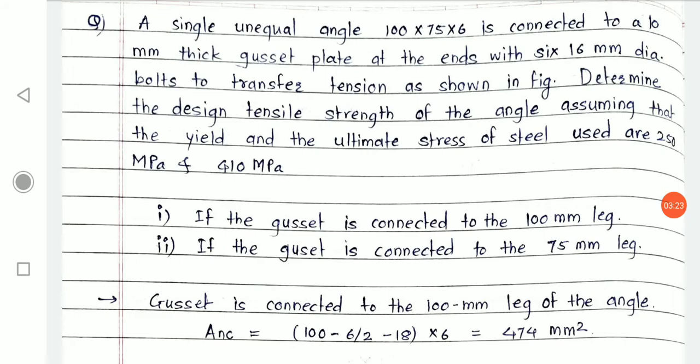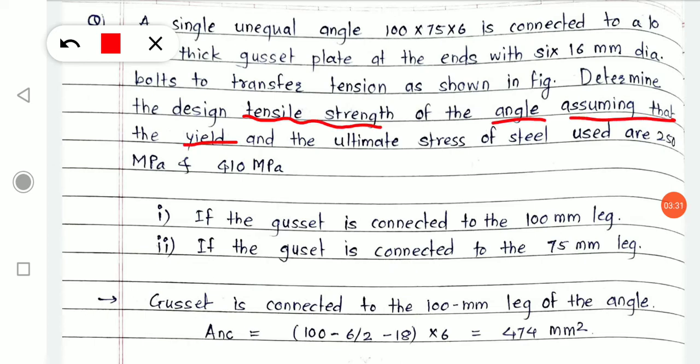Now they want us to determine the design tensile strength of the angle, assuming that the yield and ultimate stress of the steel used are 250 MPa and 410 MPa. In the problem itself they mention two ways of connecting the angle with the gusset plate. One way is to connect the 100 mm leg.